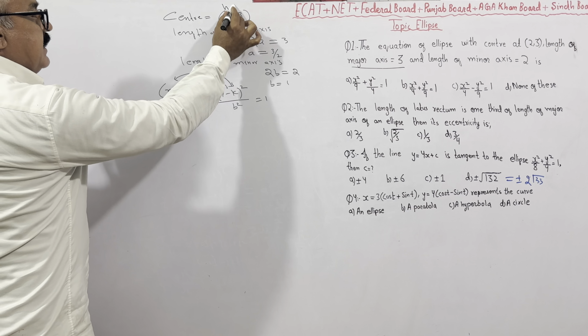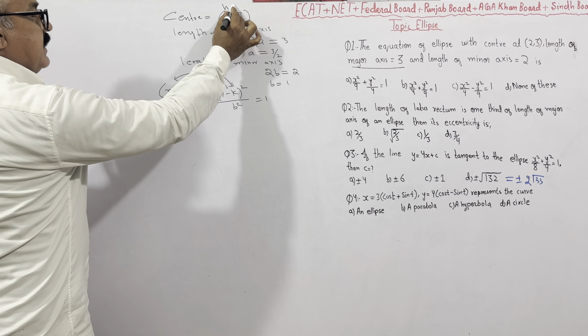What is the value of b square from here? b square is going to be a square over 3. Put here. So our e is to be square root of a square minus a square over 3, over a. A little tiny manipulation, LCM: 3a square minus a square over 3, under root, over a.